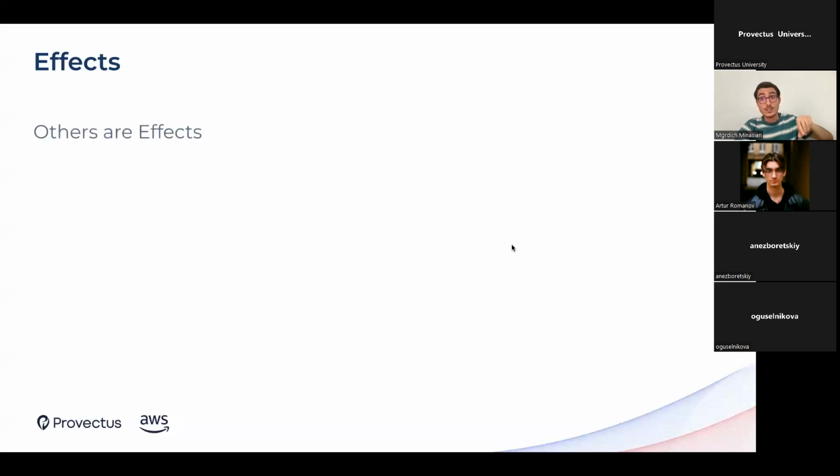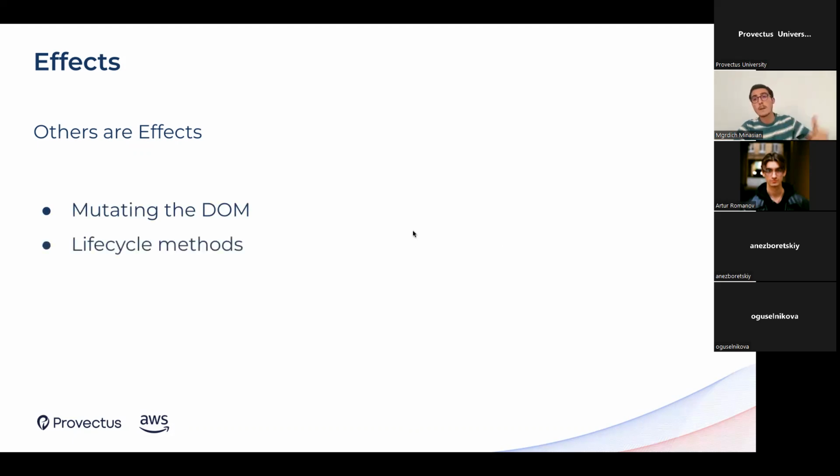So another thing to talk about: React did very justly when it renamed things in the hooks, it used useEffect instead of a lifecycle method, because the effects approach was much more efficient. So what are the effects? How is the React team defining effects? Effects are anything where you can mutate the DOM, or you can perform some lifecycle methods.